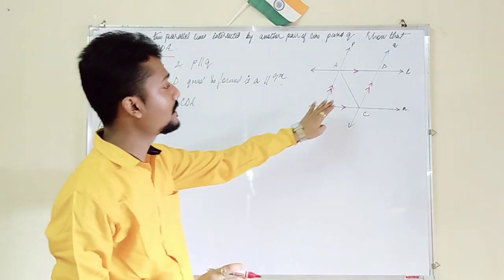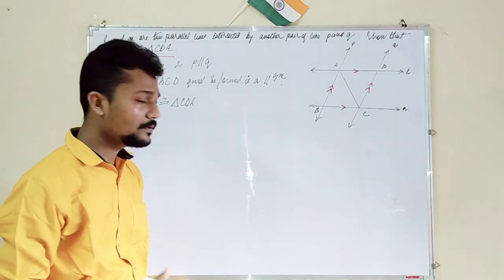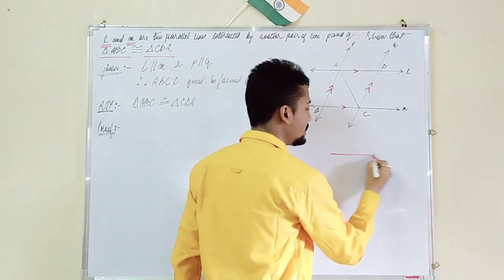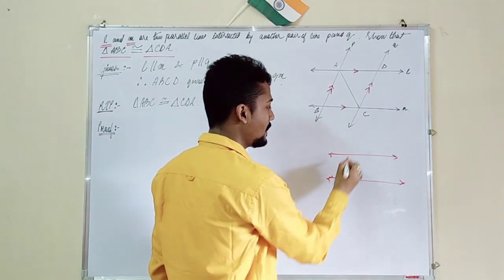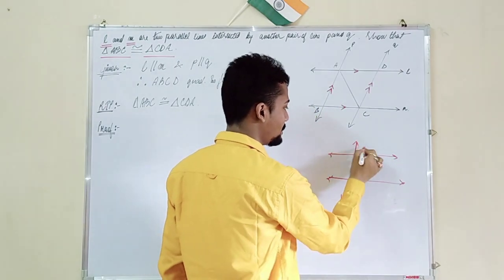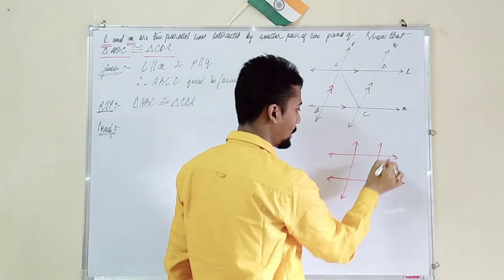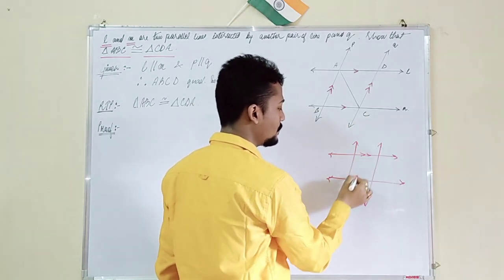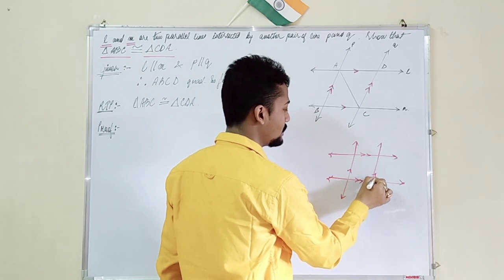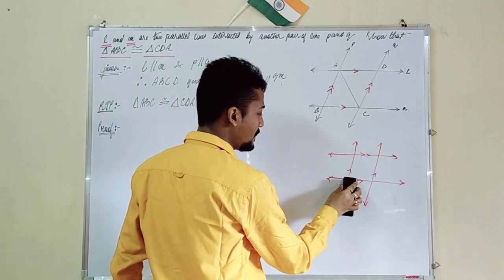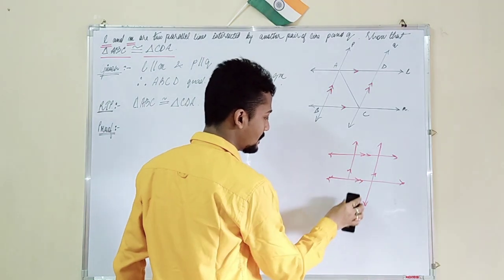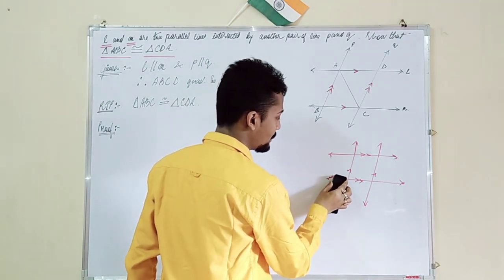Now before discussing this question, I want to discuss another thing. Say for example, this line is parallel to this, and this particular line is parallel to this particular line.